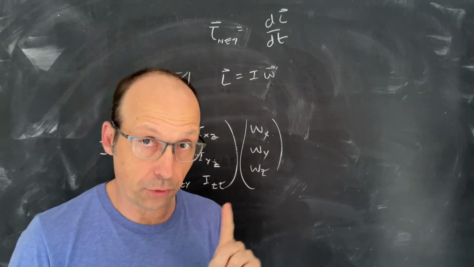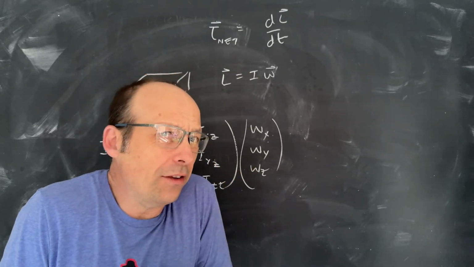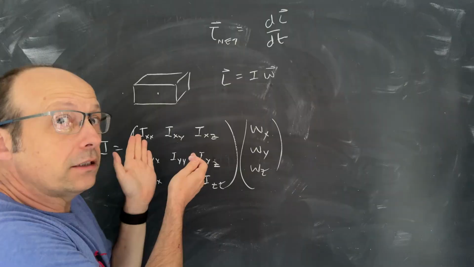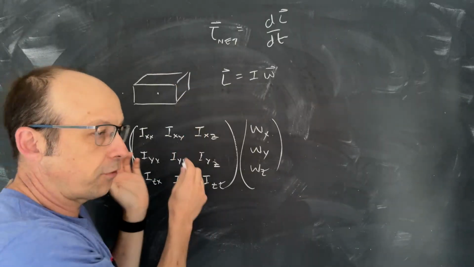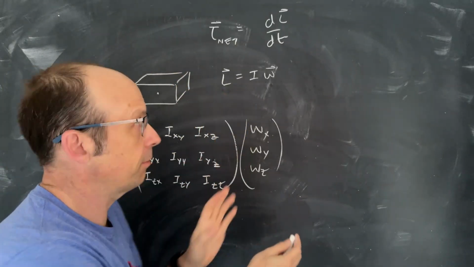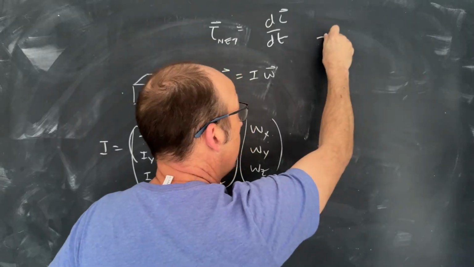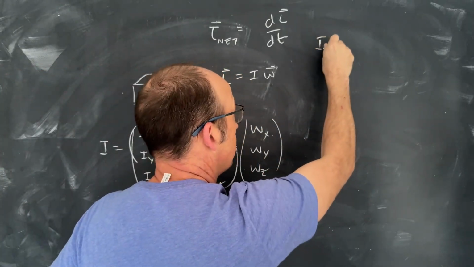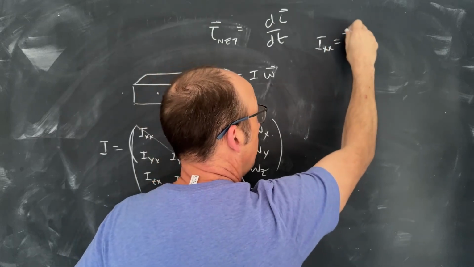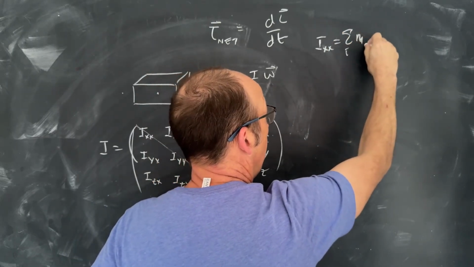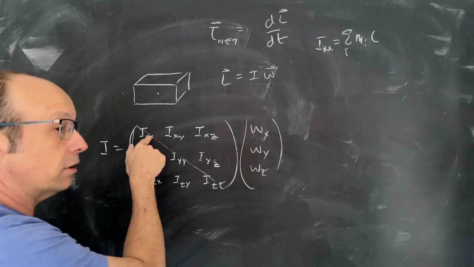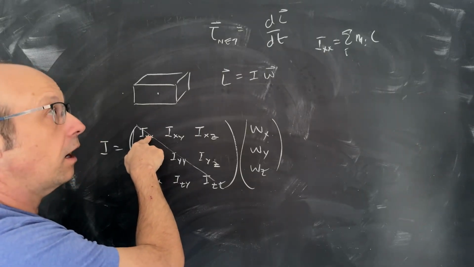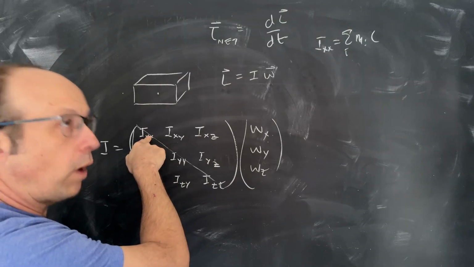Okay, so that's important. Now, how do you find all these elements of the moment of inertia tensor? Well, if these are finite points, which I'm going to deal with just a finite point for my rigid object, we could integrate and do something else later. Then I can find the diagonal elements, like Ixx. That's going to be the sum over i of mi, basically the moment of inertia about a fixed axis in the x direction. So r squared is going to be y squared plus z squared.